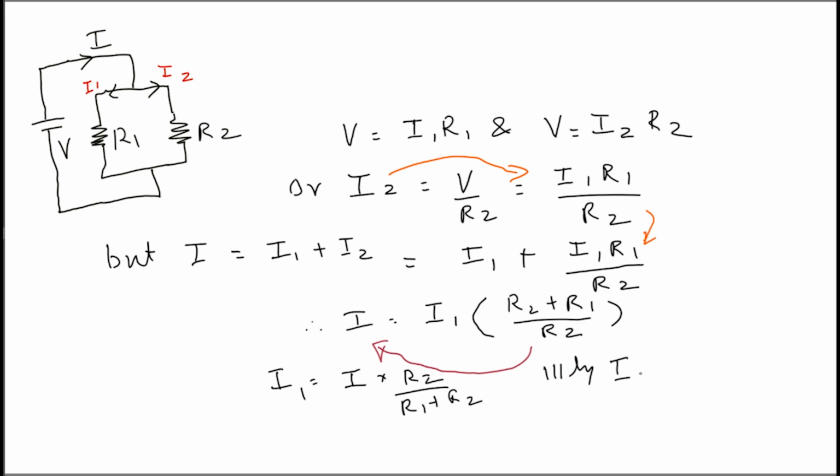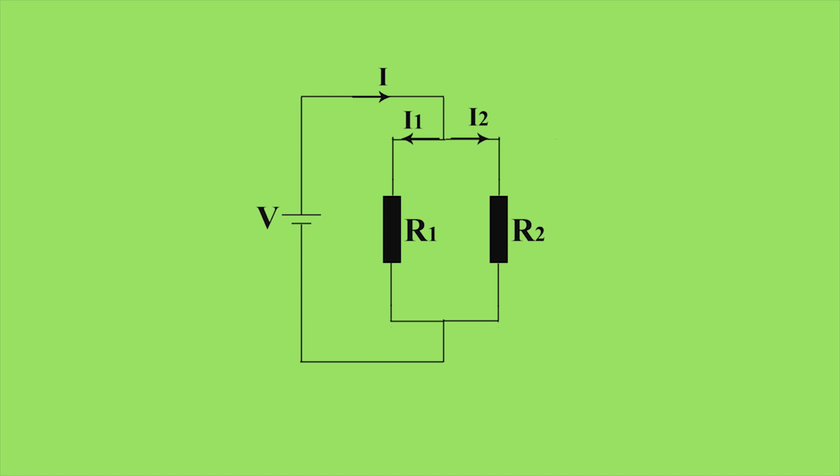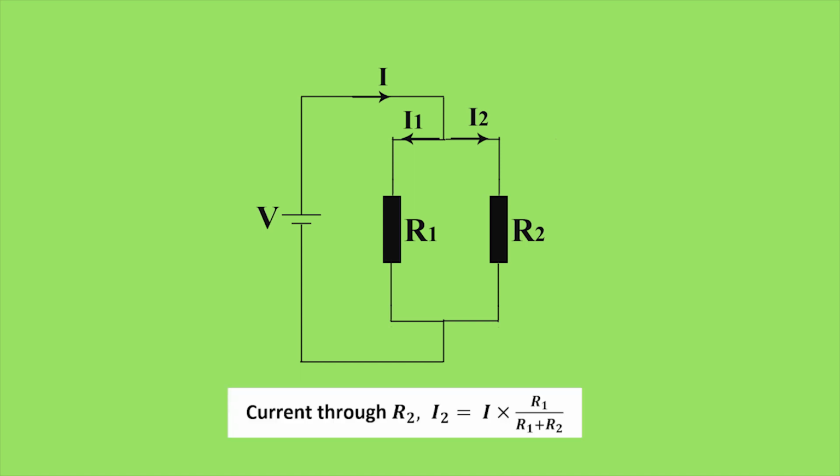Like this, I2 is equal to I into R1 divided by R1 plus R2. That is, in current divider, current through R1 is equal to total current into R2 divided by R1 plus R2. Similarly, current through R2 is equal to I into R1 divided by R1 plus R2.